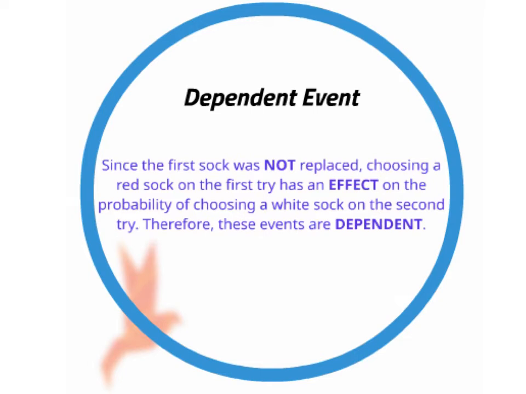I want to talk about some other words that we can have. We've talked about did not replace. We can say stuff like did not put back, or kept would be a good one, or to keep something. Even if you're dealing with food and you eat something or drink something, so if you had sodas and you drank a soda, then obviously you can't put that back because you drank it. All of these types of words in essence mean that you do not put it back. And so what happens is that the first event affected the second event.